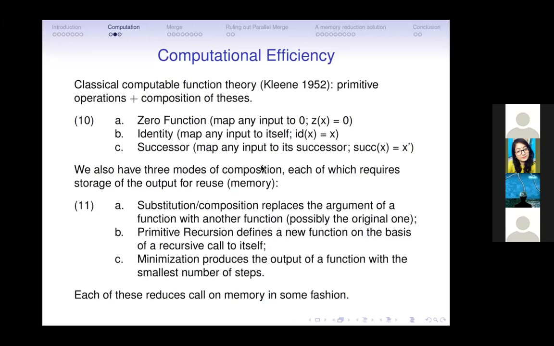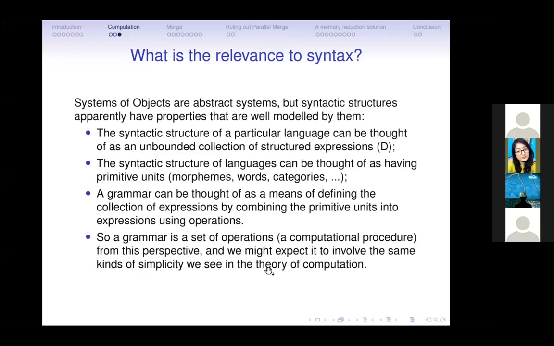Okay, now you might be thinking, David, you were here to talk about linguistics. What is going on? So the relevance to this, for some people, might be kind of clear, right? Syntactic structures have properties that are actually extremely well modeled by the kind of abstract systems and computable abstract systems we've just seen.